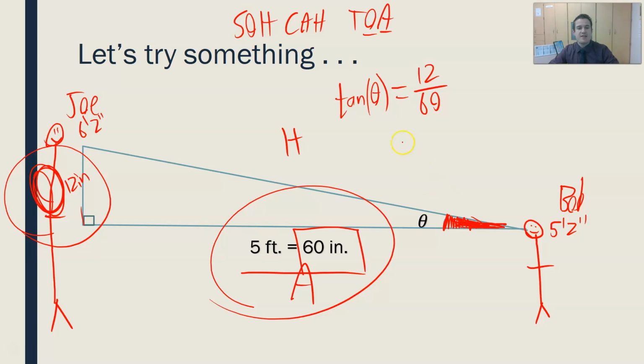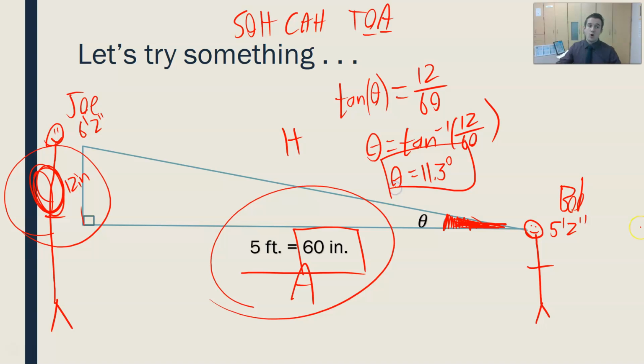So in order to find the angle, I'm going to have to take the inverse tangent of 12 over 60. In my calculator, that gives me an angle of 11.3 degrees. So, Bob, you have to raise your head at an angle of about 11 degrees in order to look Joe in the eyes.